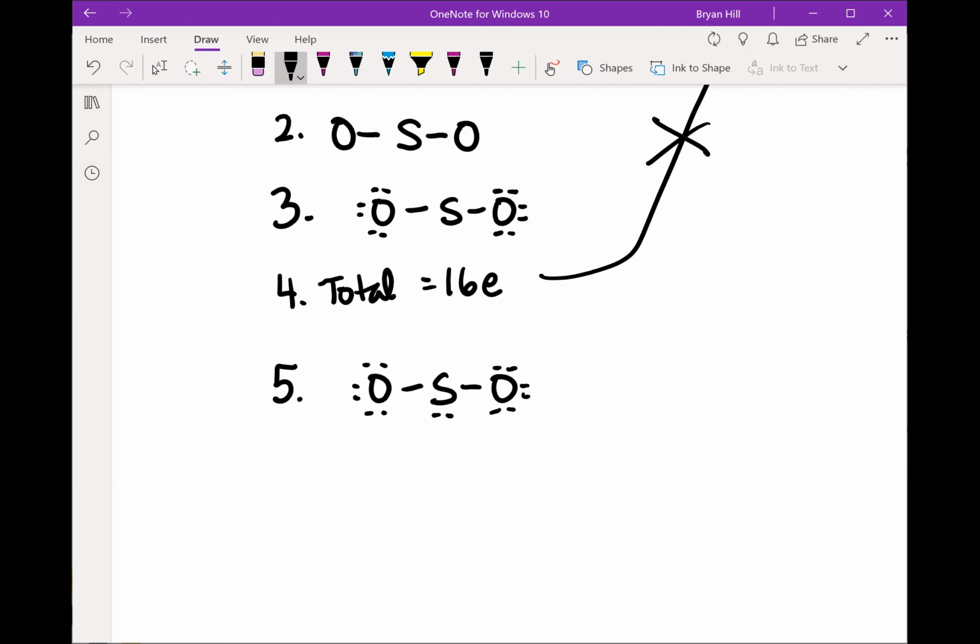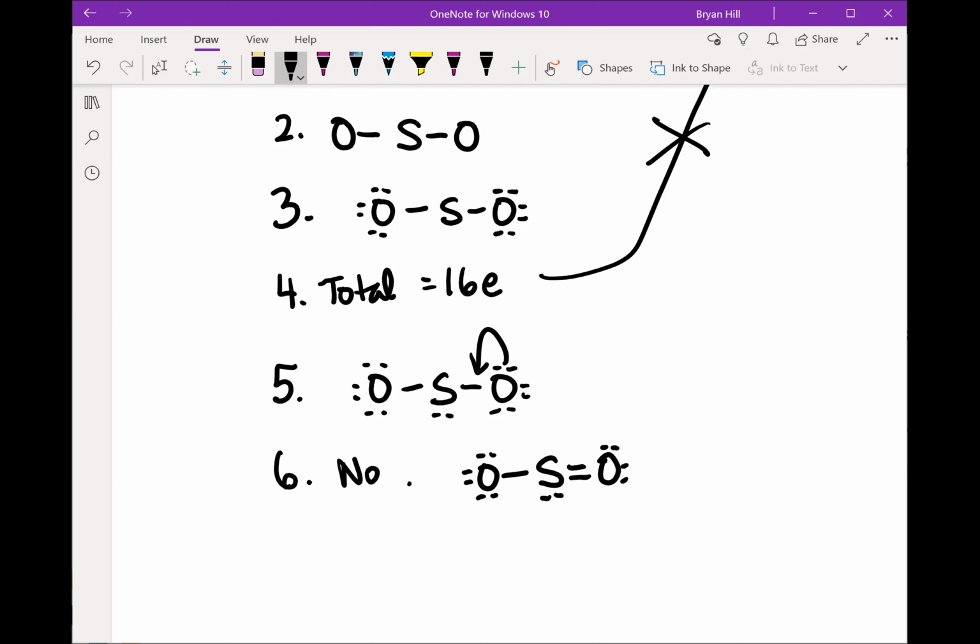Now, the fun part is, does sulfur have a complete octet? Step 6. And the answer is no, it doesn't. So we're going to move some electrons down, and we will have a structure that looks like this. In this case, sulfur will have a complete octet. Now remember, sulfur can have an expanded octet as well.